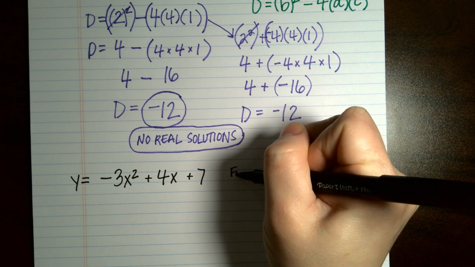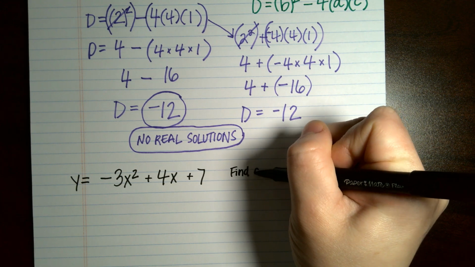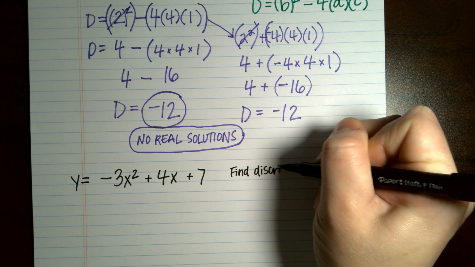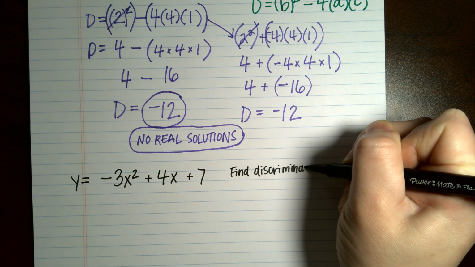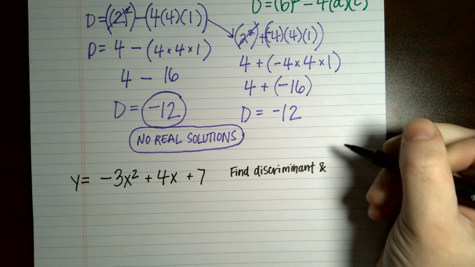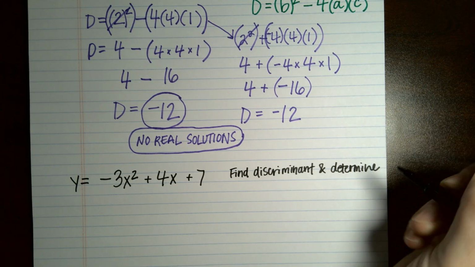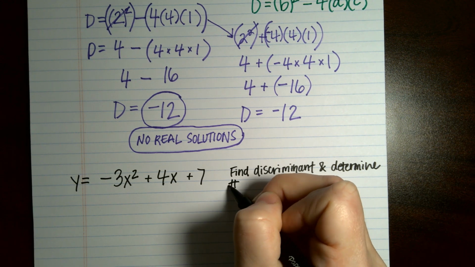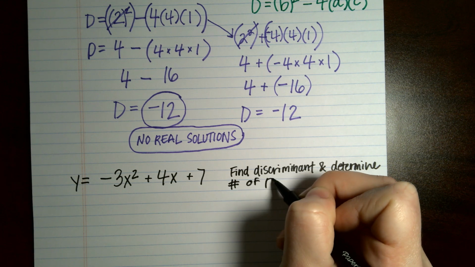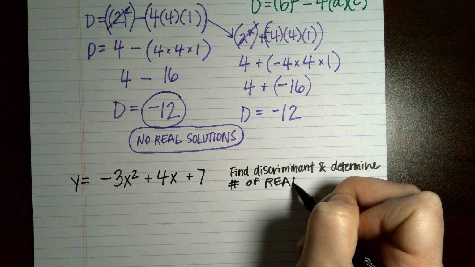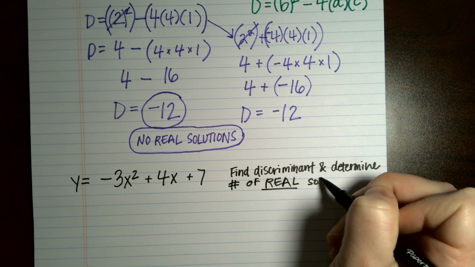So again, find the discriminant and determine the number of real solutions.